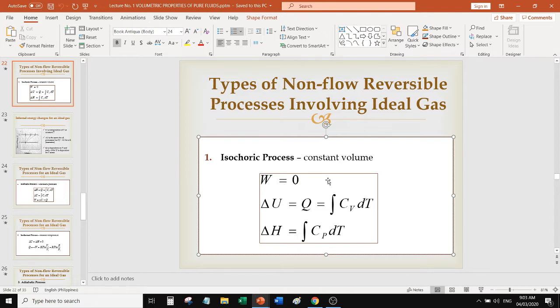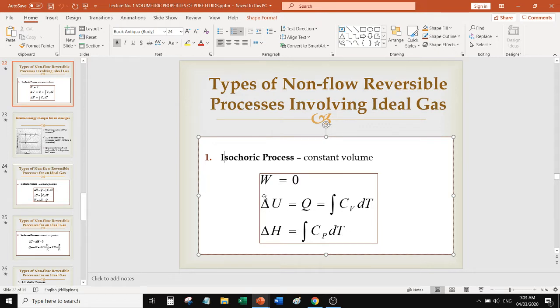Since the volume is constant, remember that the equation for the work is negative P dV. If the volume is constant, then dV is 0. You can also use these equations for the heat capacity. We have delta U equal to CV dT and delta H equal to CP dT.